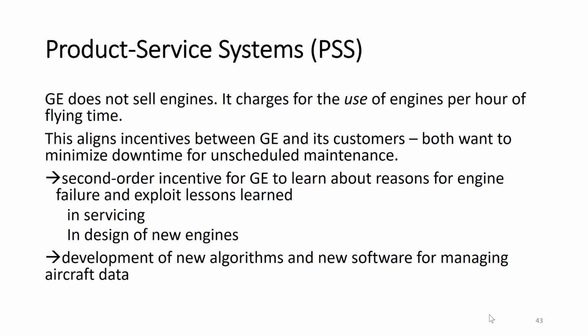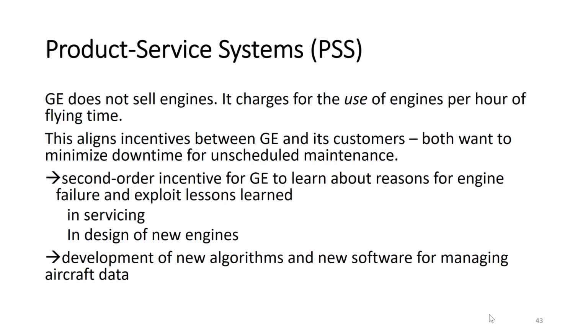Airworthiness, they call it. But if GE owns the engines and earns money only if they're flying, then GE is responsible for making sure that they're well maintained. And that's a service. GE sells a service. The service is the service of maintaining the engines to minimize downtime.